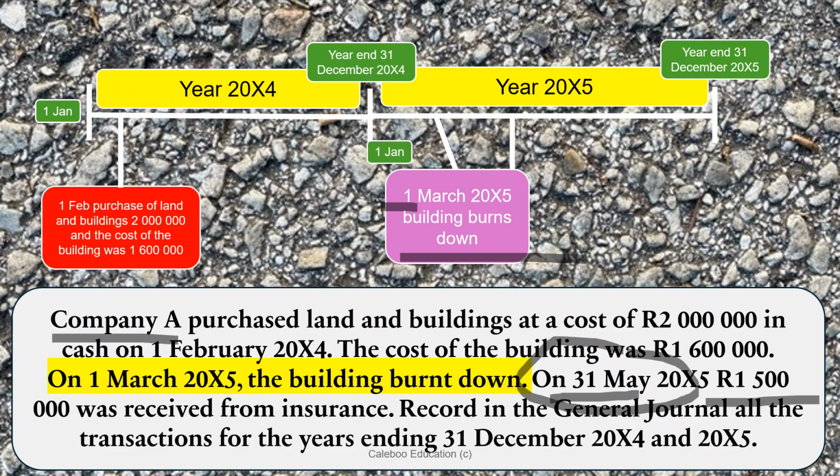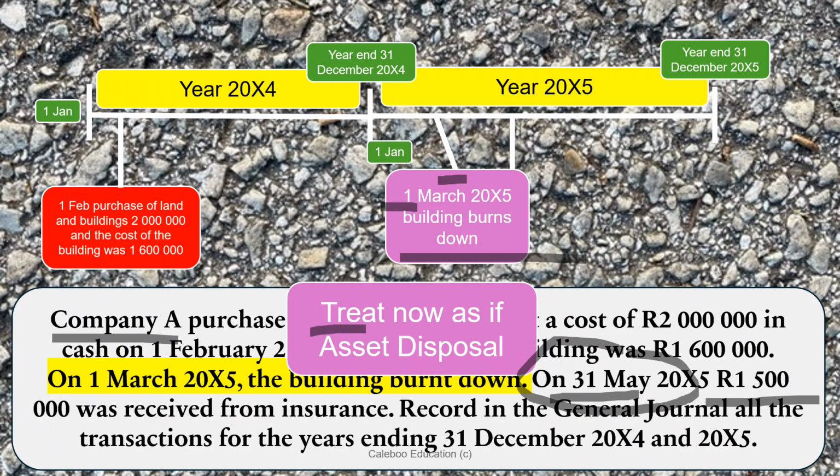So now we need to have a look at what we do with this event. How do we record it in our books? And like I mentioned right at the beginning of this recording, we now treat this building that burnt down as if it were an asset disposal.